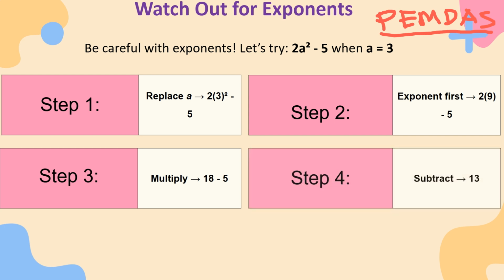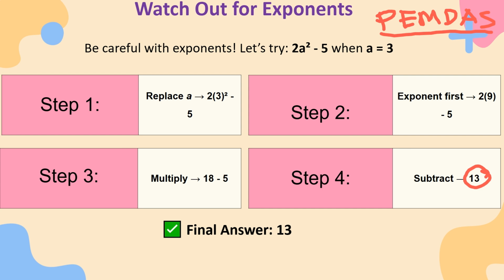And we go to step 4. Step 4 would now be 13. Why is it 13? Because 18 minus 5 will give us 13. So that is our final answer, 13.